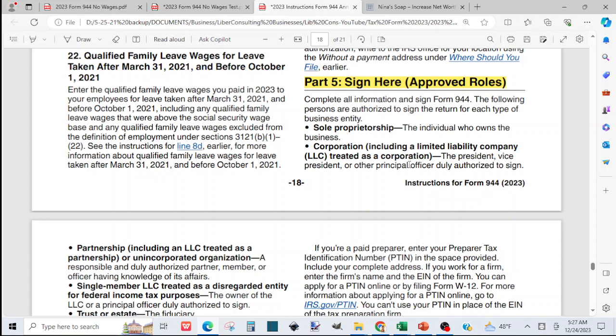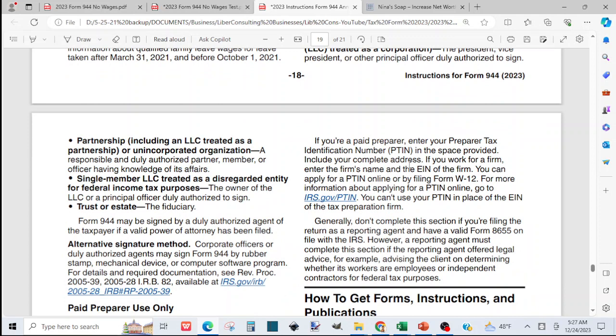Form 944. If you are an LLC and you file Form 1065, that's partnership, it will be the members that work in the business and are knowledgeable of what is going on in the business.